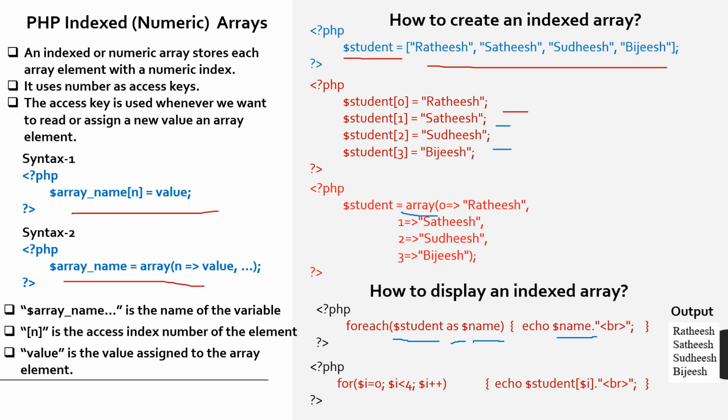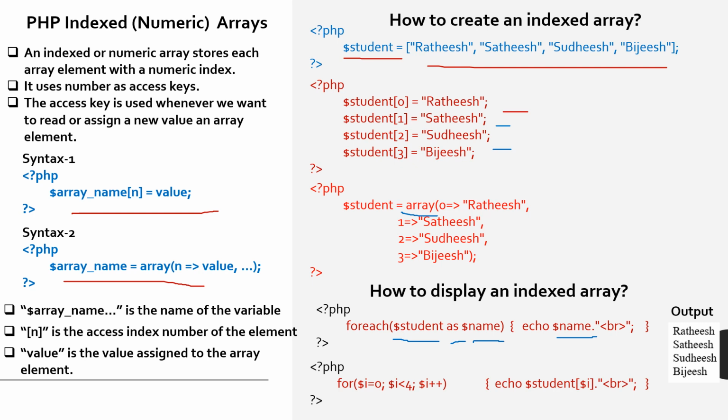Another thing is, we have the number of elements, 4. You can run a loop like this: student of 0, student of 1, like that. Each and every element will be displayed.